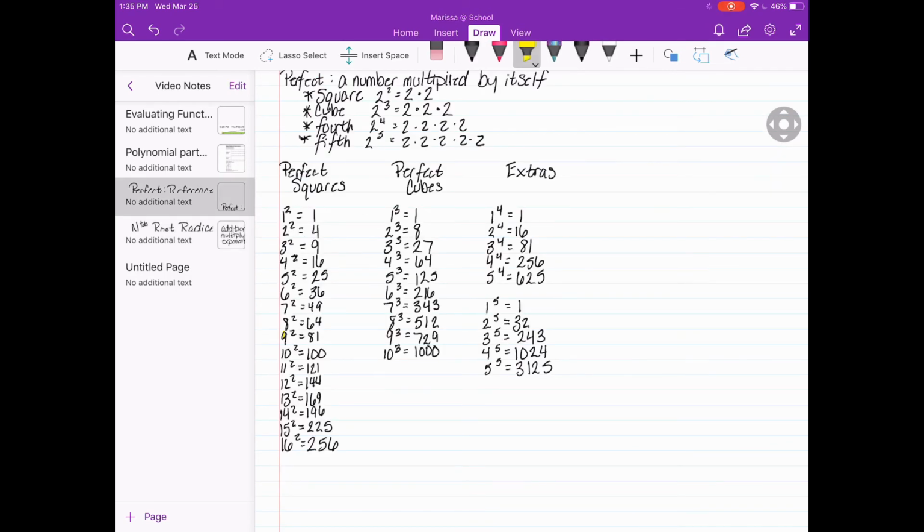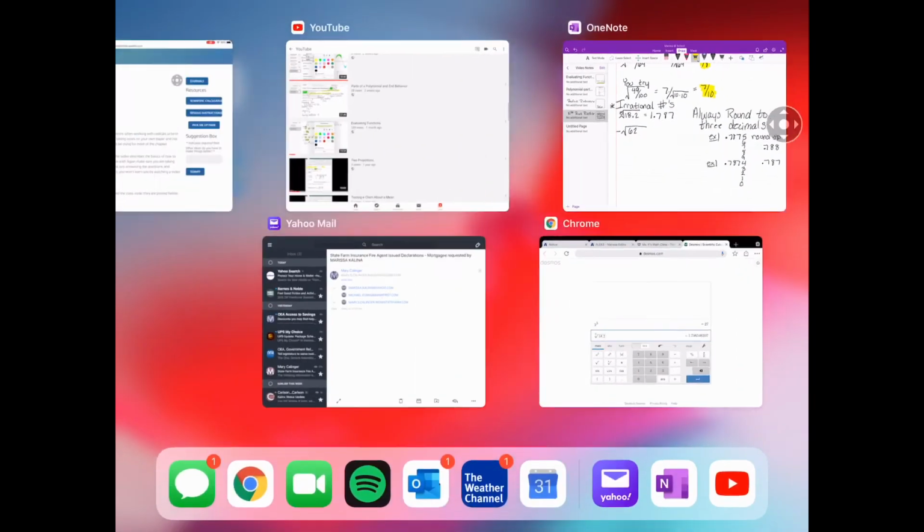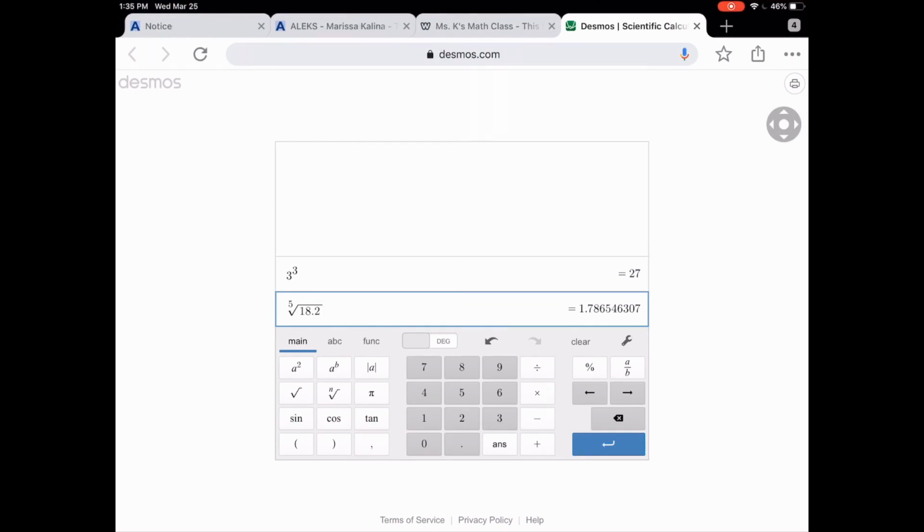In fact, if I'm looking closely enough, I go from 49 to 64. So I know that this isn't a perfect square. So I'm going to go back to my calculator, hit the enter button so that that goes up, then do the negative square root and type in 62, and it'll tell me what my answer will be.